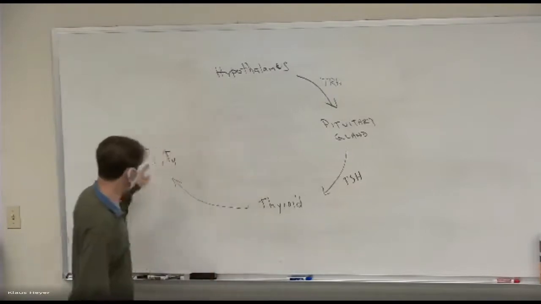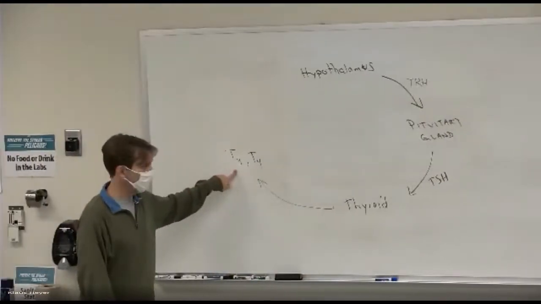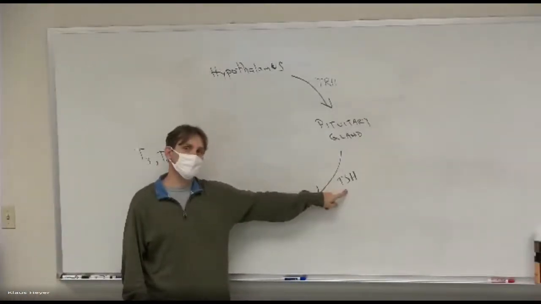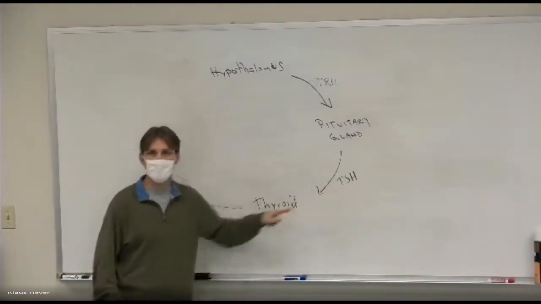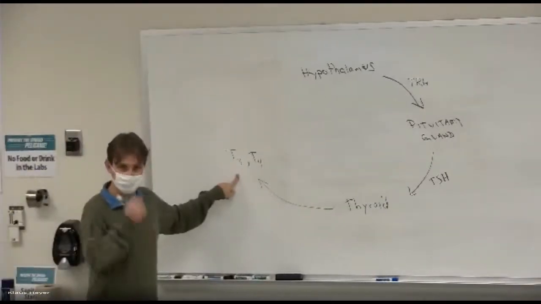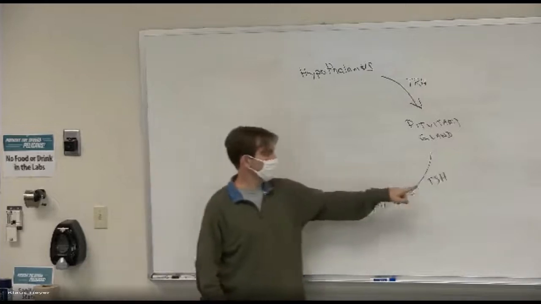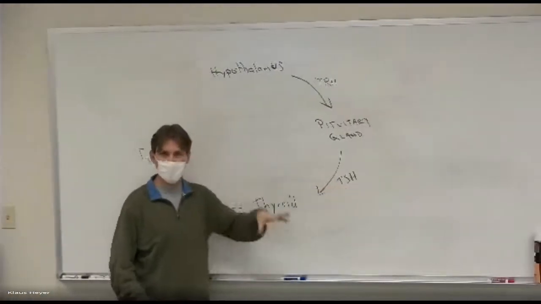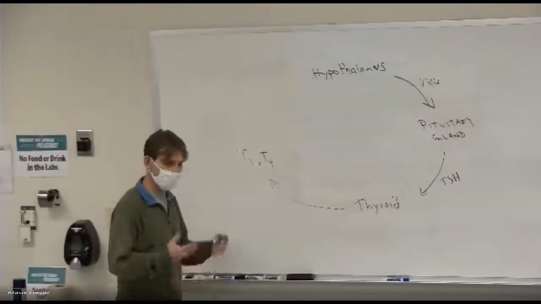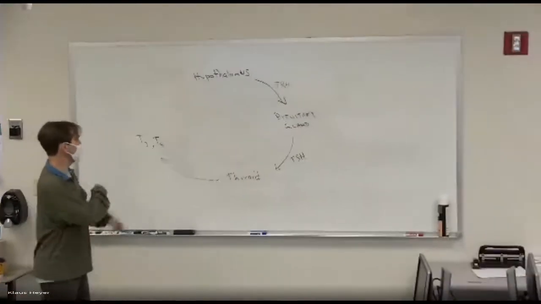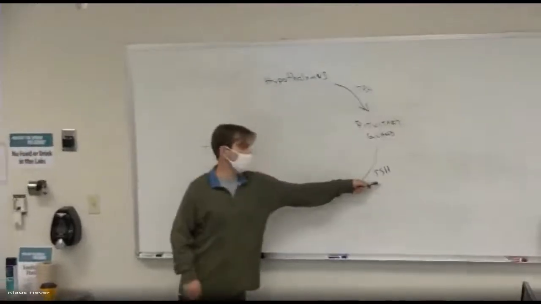So if I have low amounts of this, I'm going to expect high amounts of this, right? Because this is compensating for this. Your thyroid's not making enough of this, so your pituitary gland is bombarding it with TSH, like, hey, go make more, go make more. So low T3 and T4, you're going to find a high TSH.